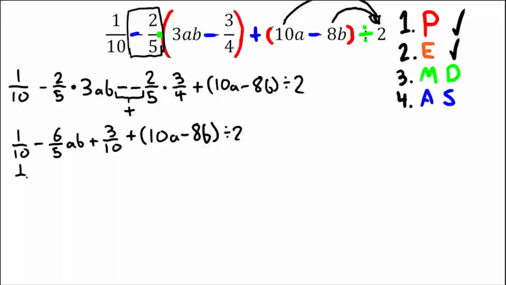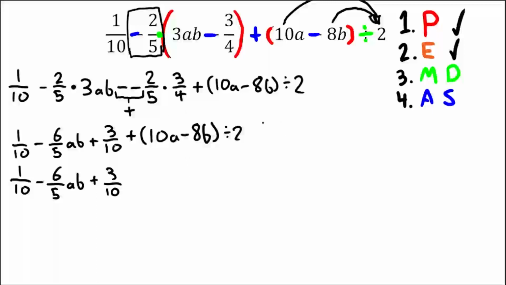I'm just going to rewrite. It's a little small. Okay. 1/10 minus 6/5 ab plus 3/10.